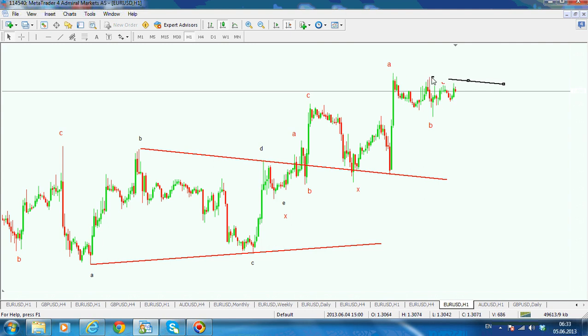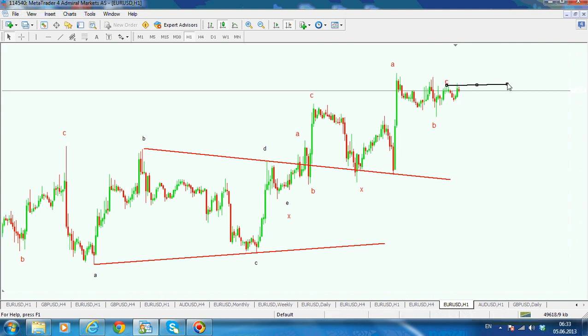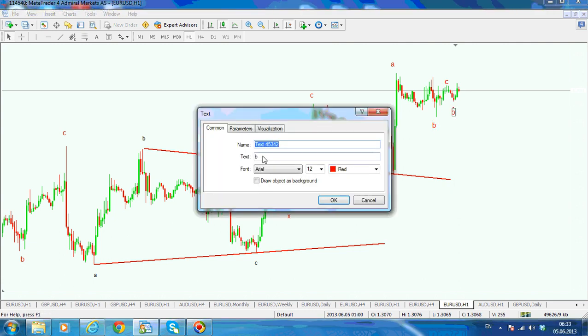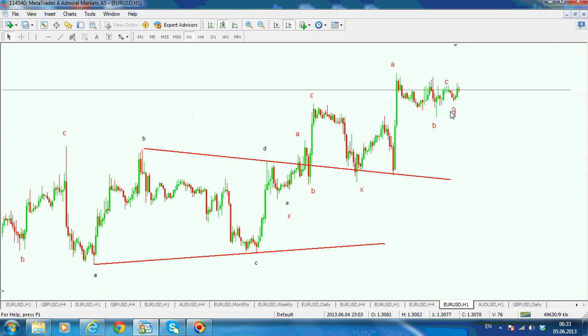So this should be something like this from here to here, of a lower degree. So A, B, C, D, and E to the upside and unload.